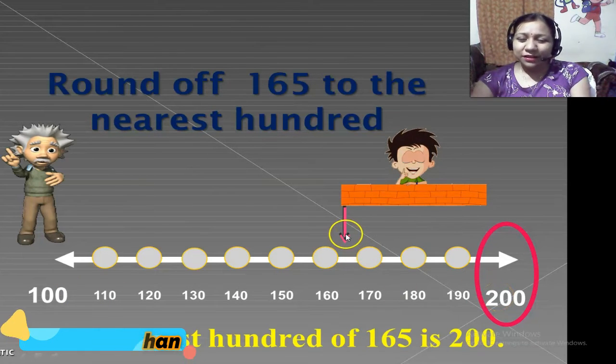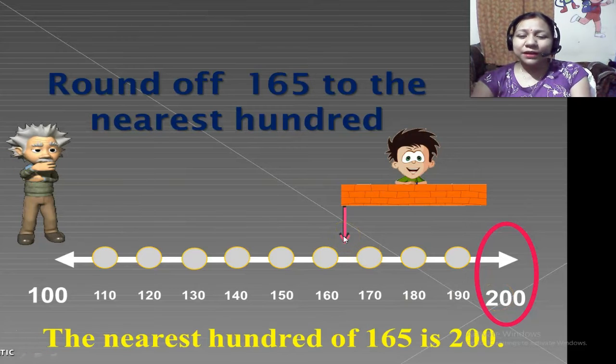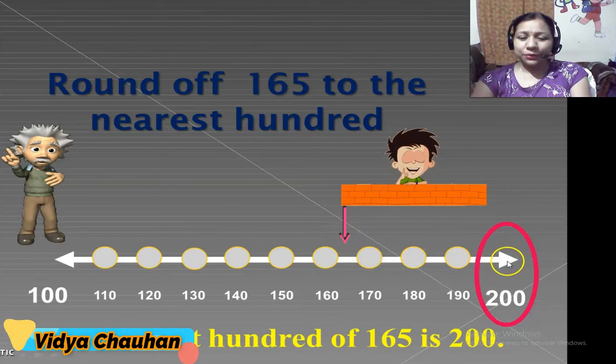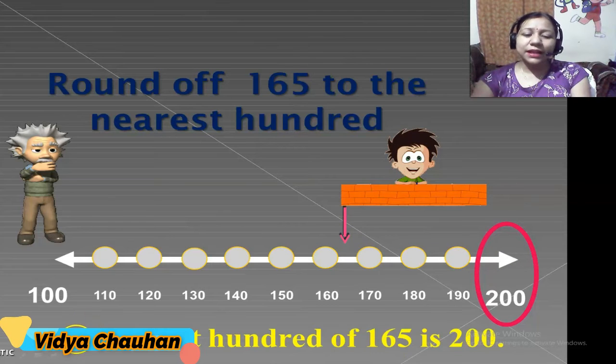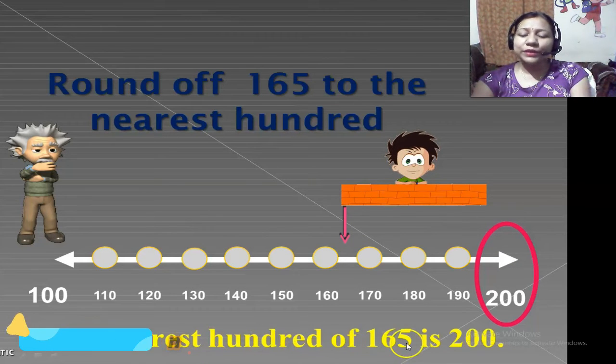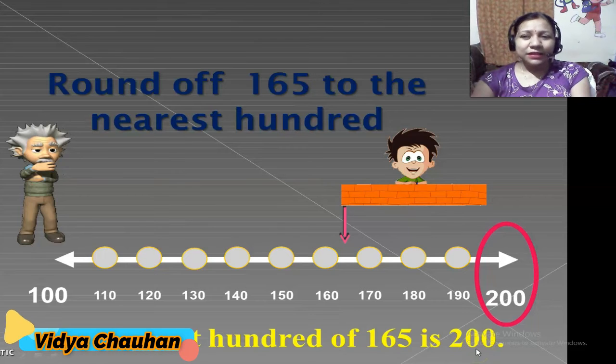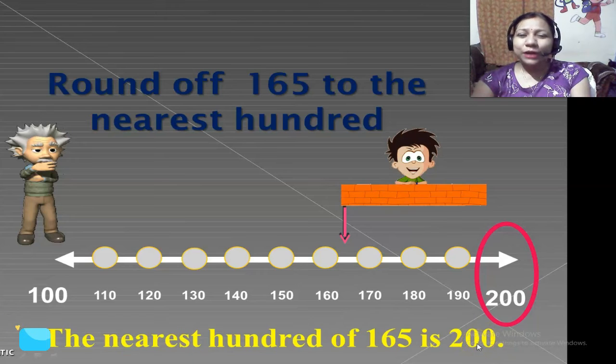Yes, students, it is clearly visible that this number 165 is nearer to 200. That's why we can say that the nearest 100 of 165 is 200. So, we have done the round off of 165 to the nearest 100, and the answer is 200.